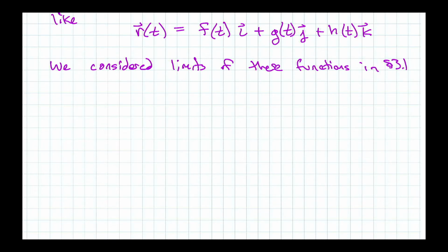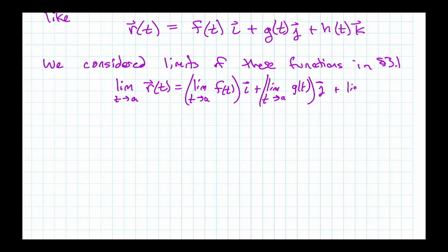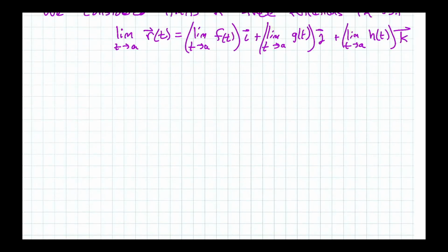What we saw about limits was that if you wanted the limit as t approaches a of r of t, you would just do the limit as t approaches a of the first function times i, plus the limit as t approaches a of the second function times j, and then the limit as t approaches a of the third function times k, right? So we know that you just do limits term by term, basically. And so now we're going to look at derivatives of these.